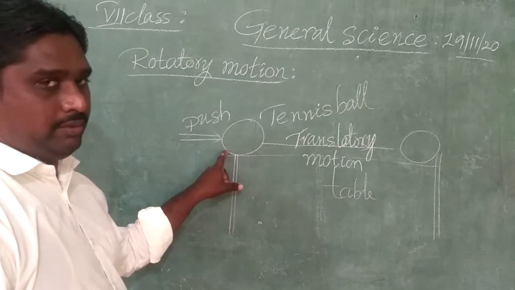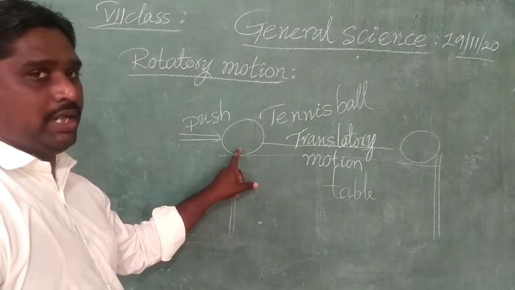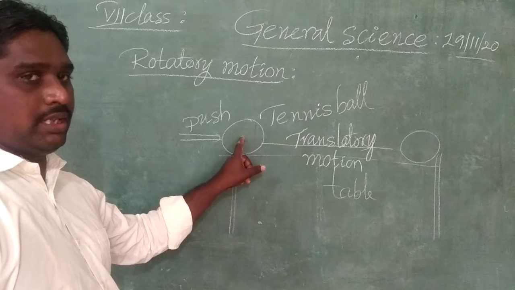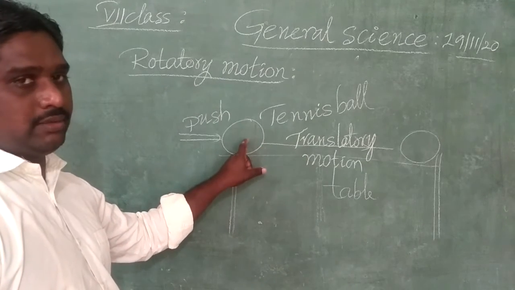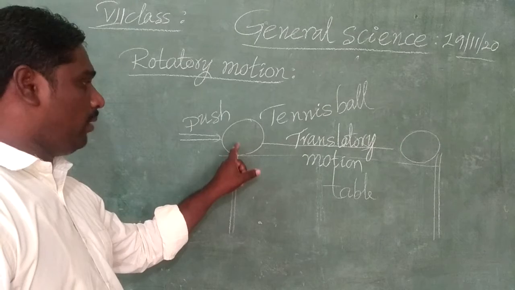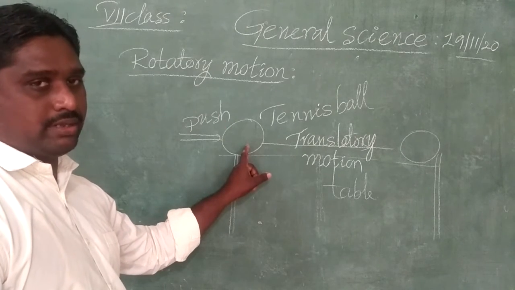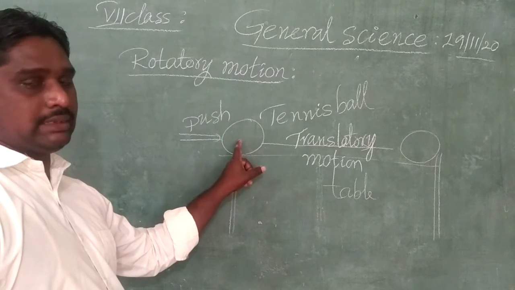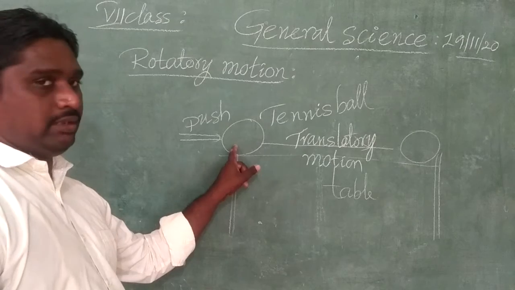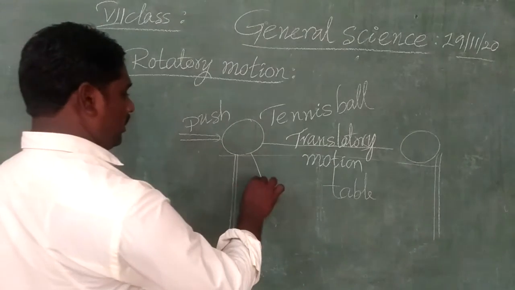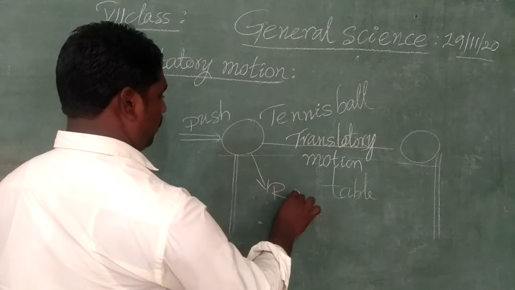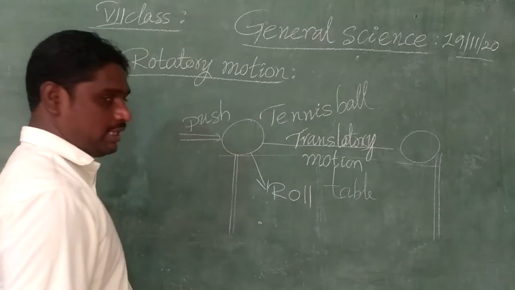At the same time, we observe that every particle on the tennis ball makes a circular motion about a fixed point or about an axis of rotation when this tennis ball is rolled on the surface of the table.